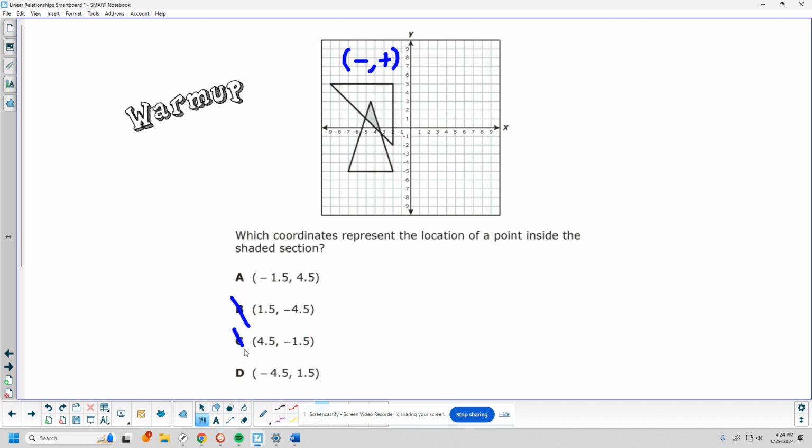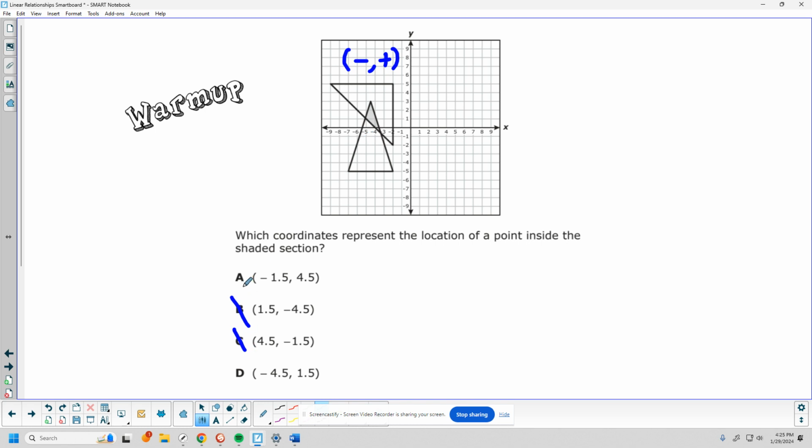And C, those both look like they're in quadrant 4. So that narrows it down to A or D. And then remember, X goes first and then Y. So if I start at the origin and I'm trying to go to the shaded part, I'm going to have to go at least like about -4, maybe -5.